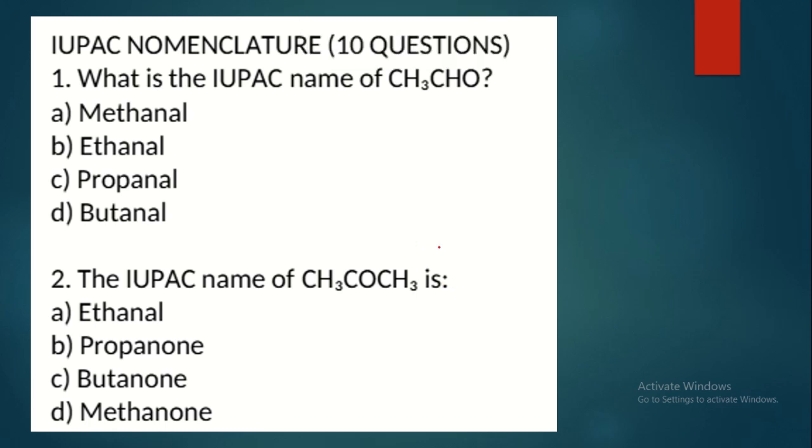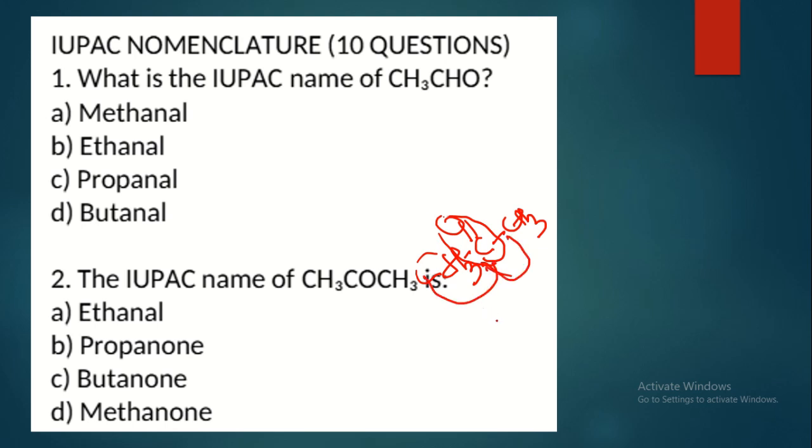So the second question: what is the IUPAC name of CH3COCH3? Let's draw the structure. CH3, C double bond O, next CH3. If you clearly understand, this CO bond is surrounded by carbon and also another carbon.